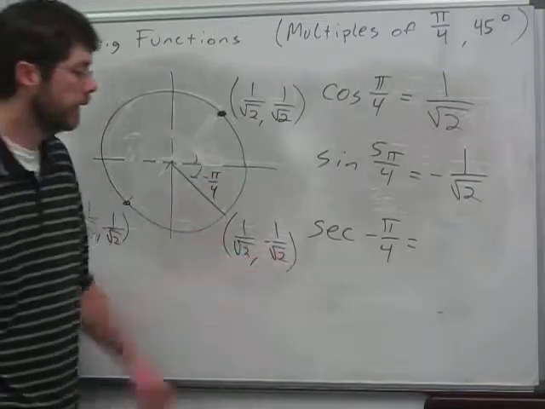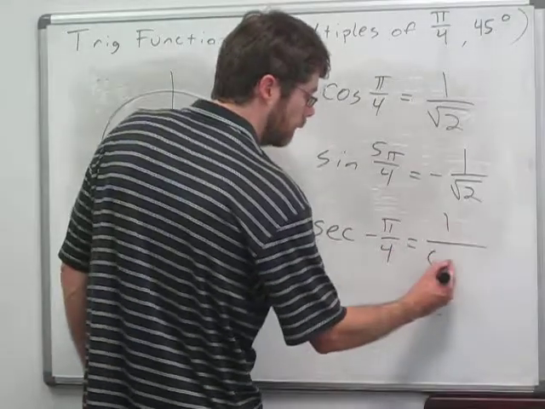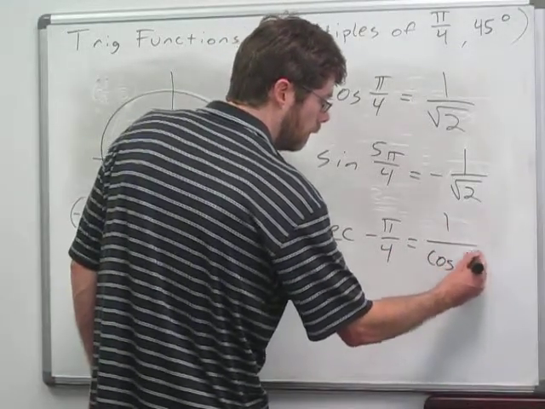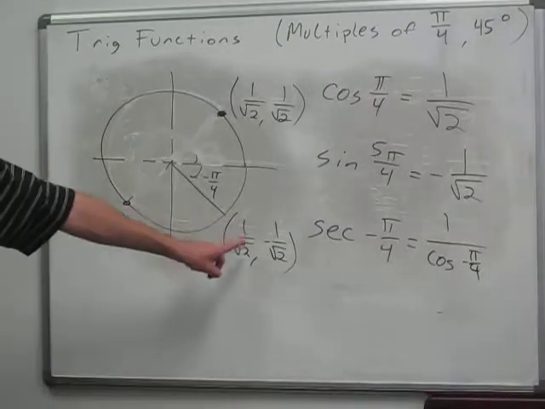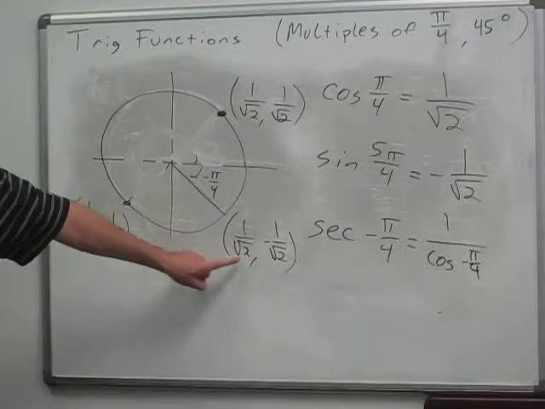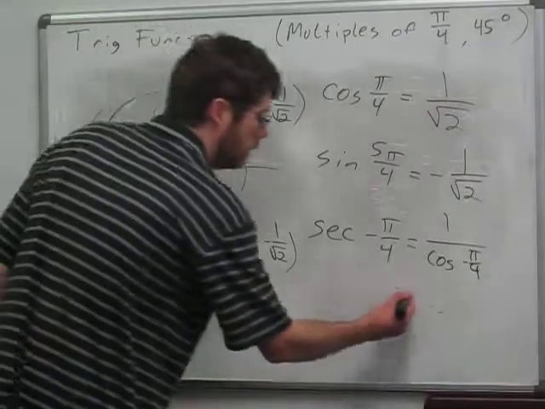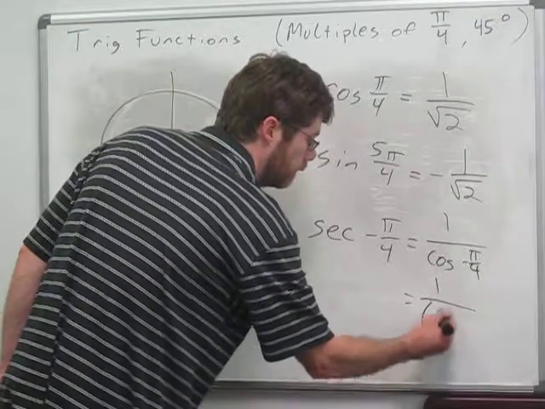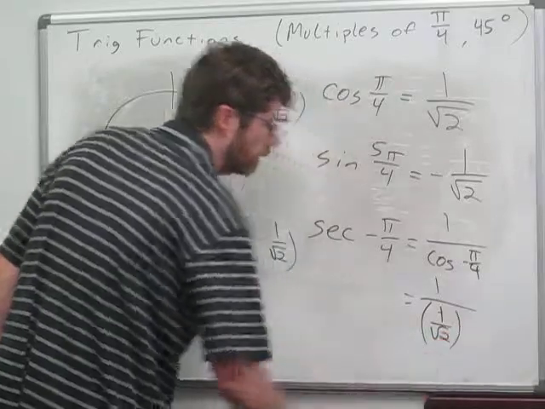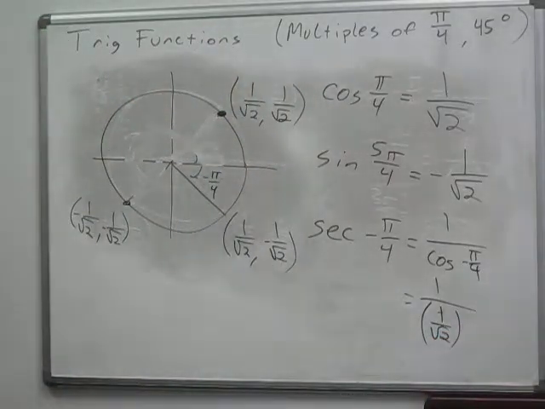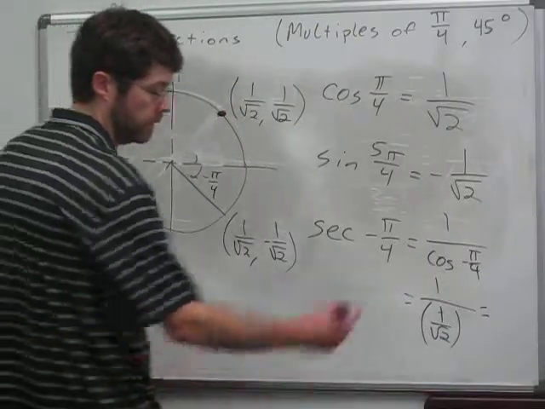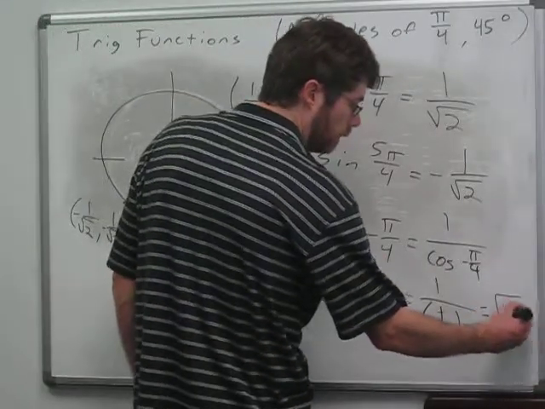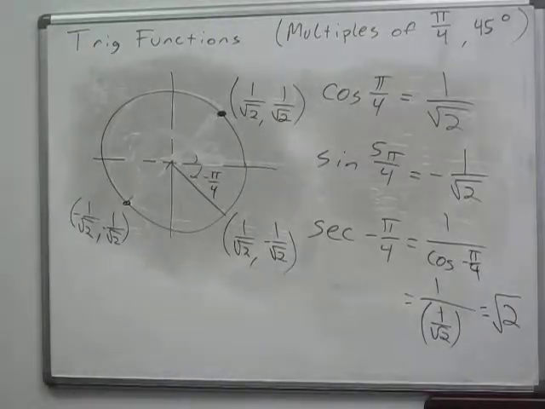Secant, we're going to think 1 over the cosine of negative pi over 4. And the cosine here is just the x coordinate, 1 over radical 2. So this is 1 over 1 over radical 2. And division by a fraction is multiplication by the reciprocal, so this is just going to flip to radical 2.